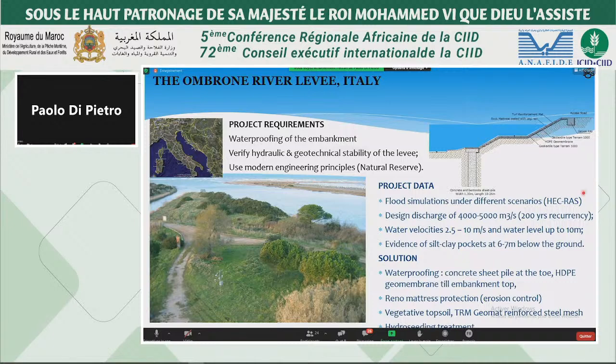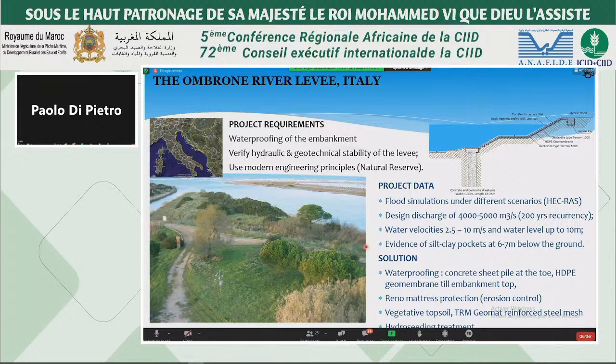Nous devions faire quelque chose, et cela impliquait un nouveau projet qui nécessitait l'étanchéité de tous les bords de la digue, vérifier la stabilité géotechnique et hydraulique de la digue et utiliser des principes d'ingénierie moderne.